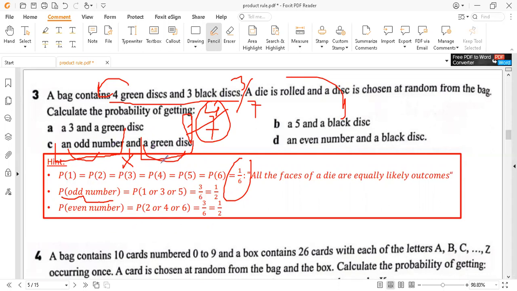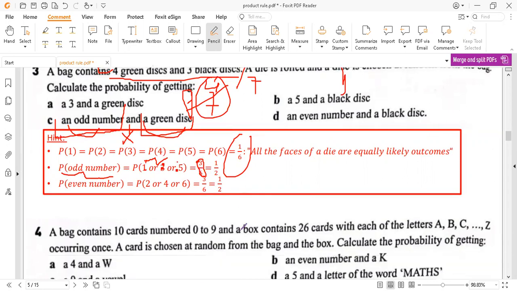Odd number: what are the odd numbers between 1 and 6? The odd numbers are 1, 3, and 5. So we have 3 from 6 equally likely outcomes from rolling a die.